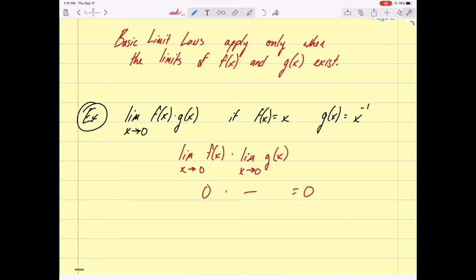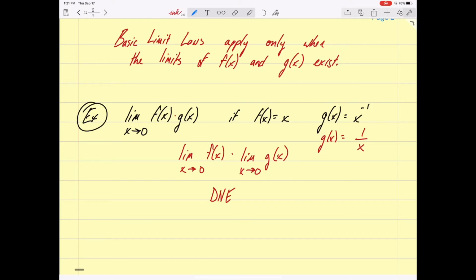But if you look at g of x, another way to write that is 1 over x. And that function isn't defined at 0. So this limit can't be found like this. So this would be does not exist.